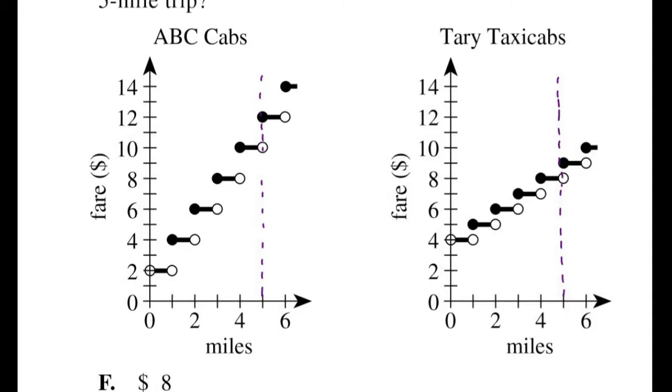So we know that the fare for 5 miles with ABC cabs is right here, which tells us it's $12. We know with Terry taxi cabs at 5 miles, it's only $9. It is not $8, and here it is not $10.